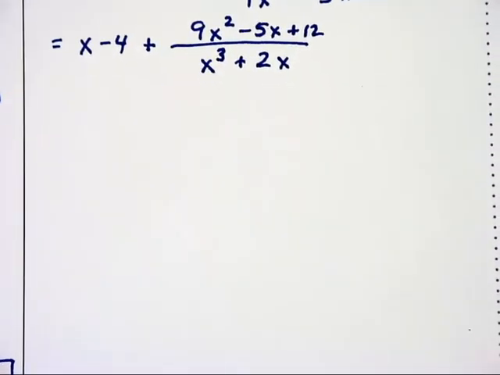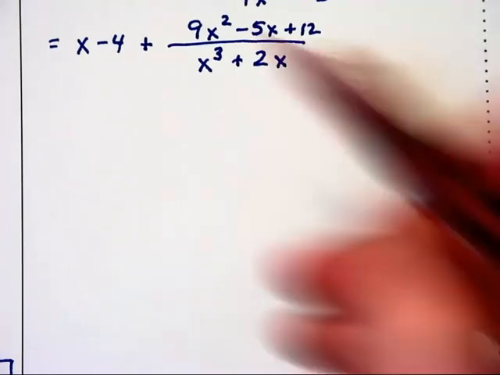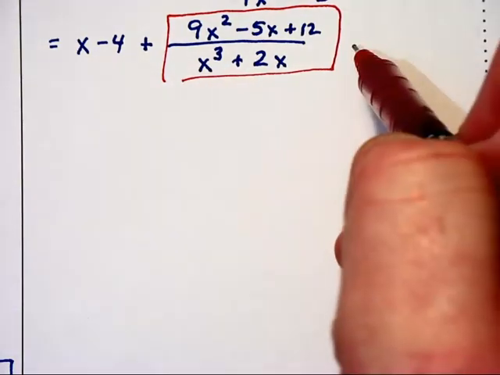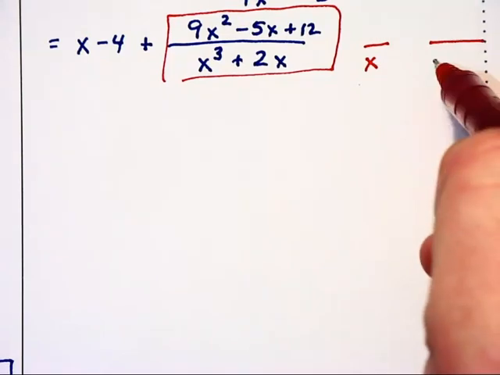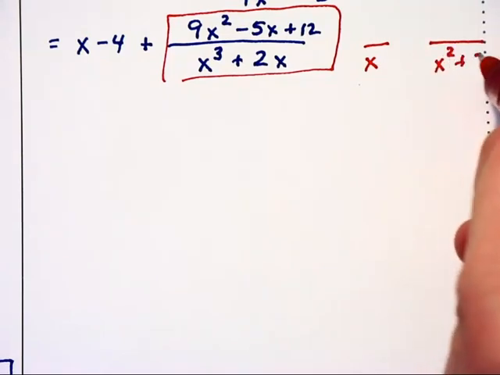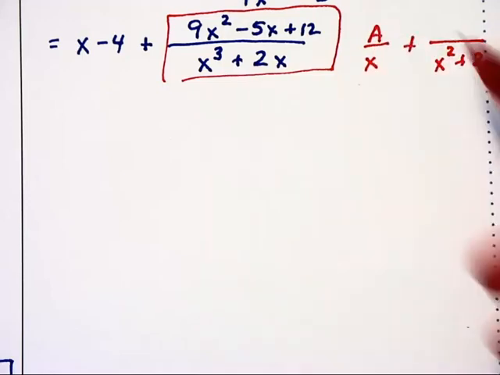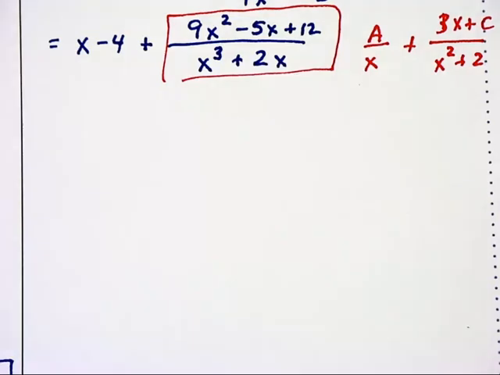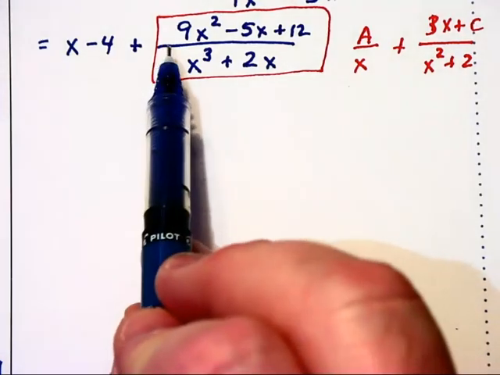This here is what we are going to begin our partial fraction decomposition with, focusing on that third fraction where the denominator will factor into x and x squared plus 2. So we will have A over x and Bx plus C over x squared plus 2. Now, let's look at the numerators only.